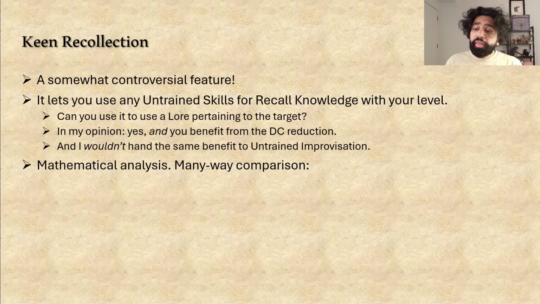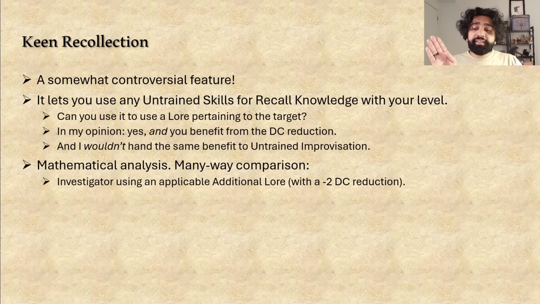Now, the mathematical analysis is basically a many-way comparison of different ways of progressing the investigator bonus to recall knowledge. Some of them more unambiguous, and some of them based on keen recollection's various interpretations, so I can sort of draw a feel for where the investigator should sit.